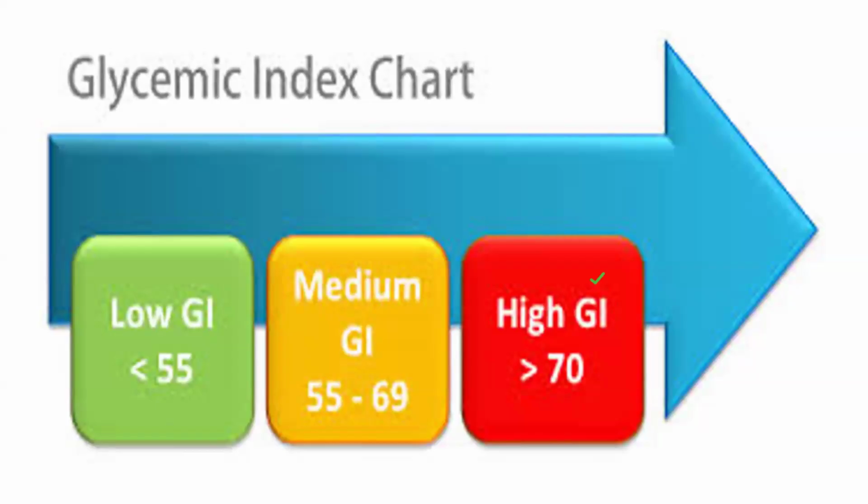Medium, 55 to 69, means the patient is tending towards the red sign, a higher GI. When the patient is tending towards high, the possibility of diabetic ketoacidosis is high. So you want to always maintain patients at a lower GI.